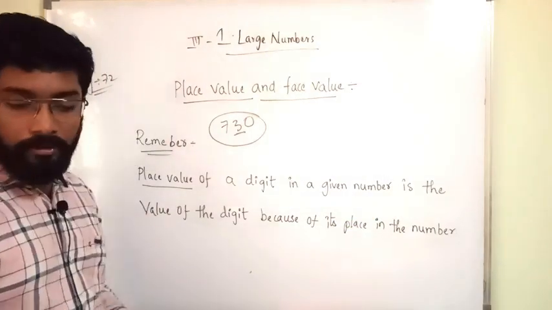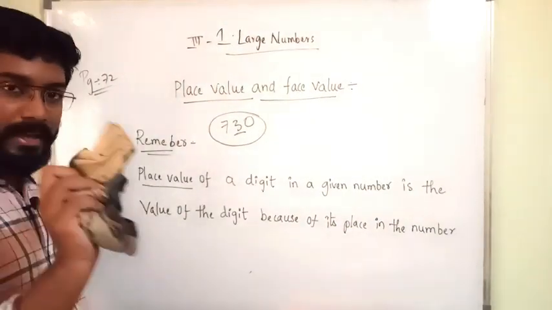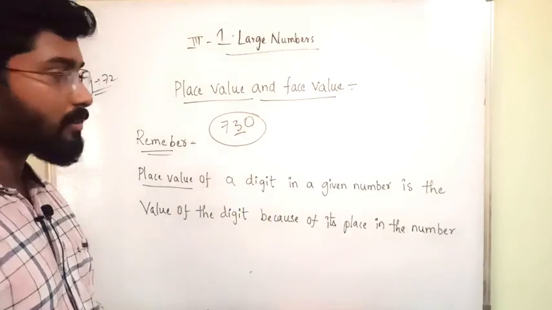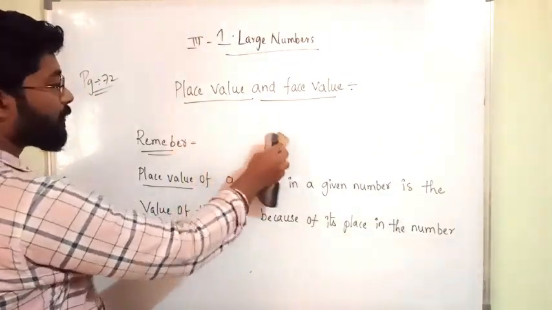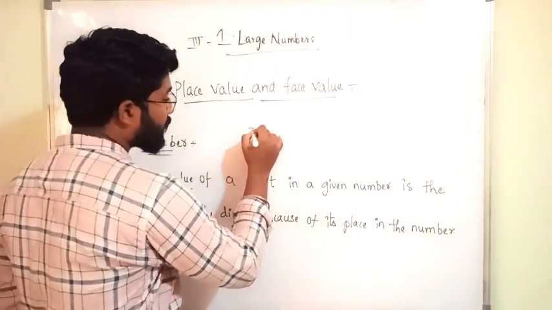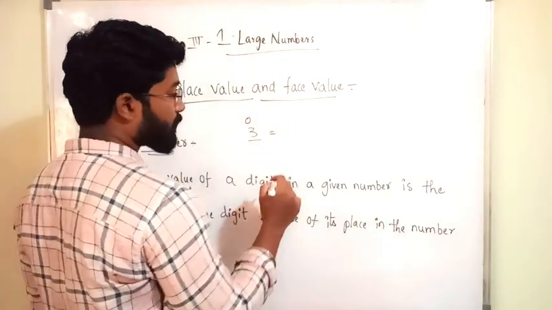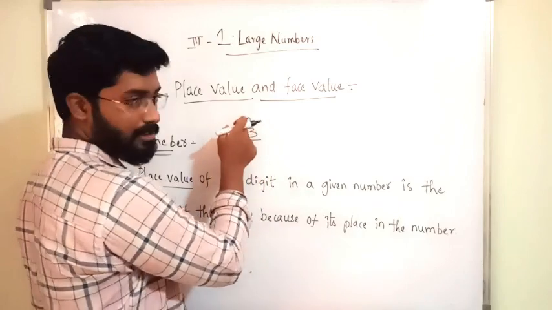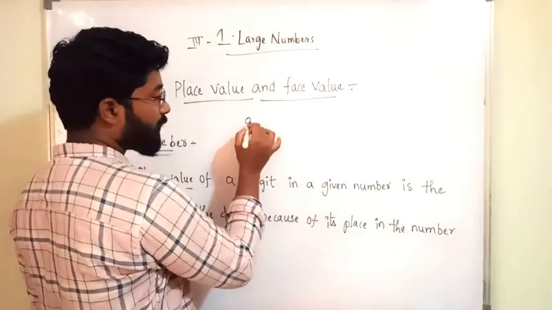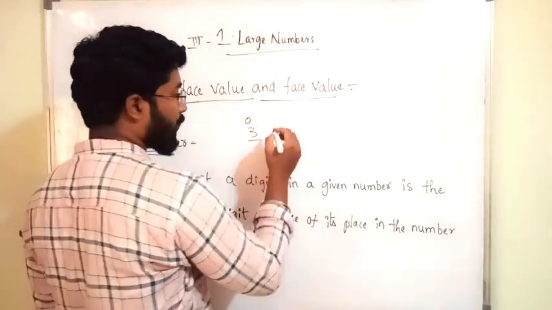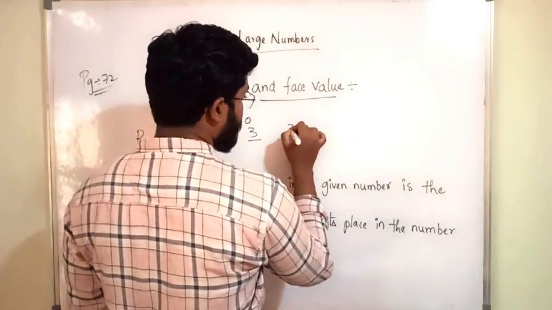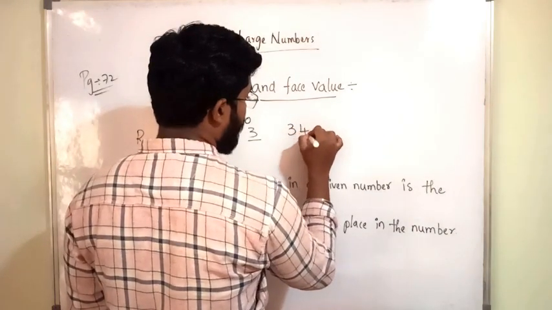So place value means according to the place, the value will change. So if you see here, this is a 3. 3 is in ones place, no? This 3 is in ones place. This is a single digit number. Next, 340.